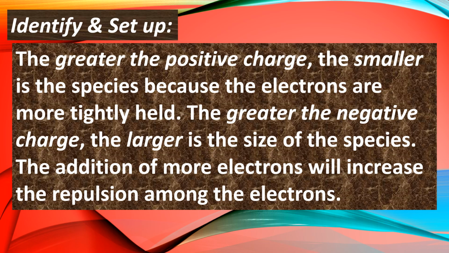And the rule says the greater the positive charge, the smaller is the species because the electrons are more tightly held. The greater the negative charge, the larger is the size of the species. The addition of more electrons will increase the repulsion among the electrons.